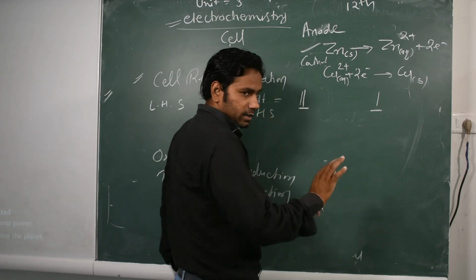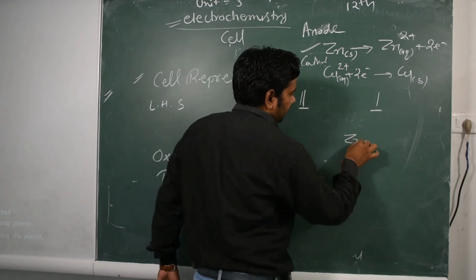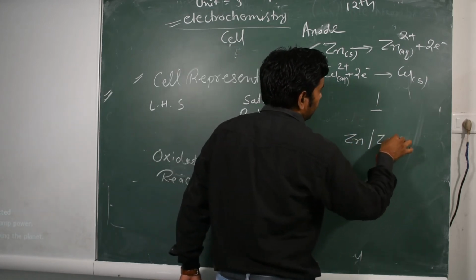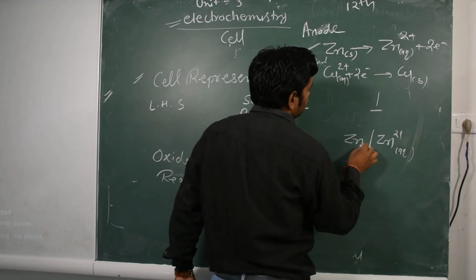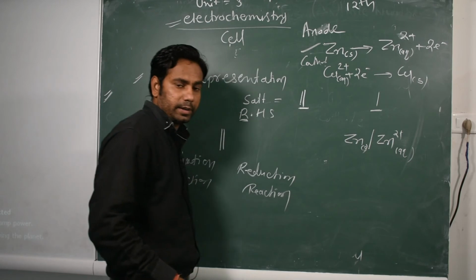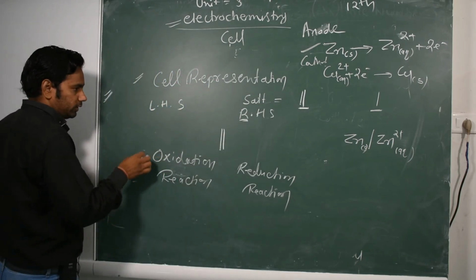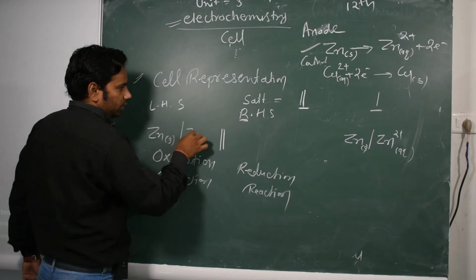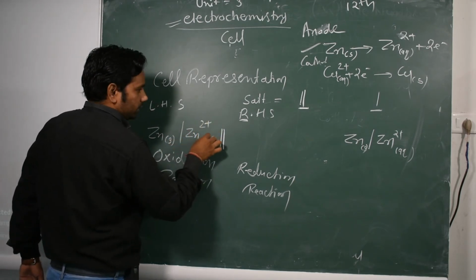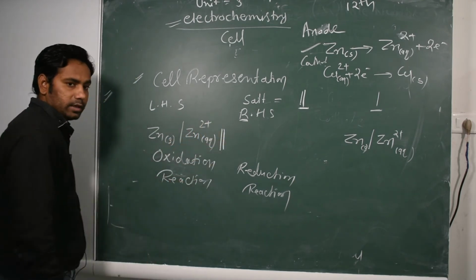Zn converts into Zn2+; we mention aq for the ion and s for the solid. So we write the oxidation as Zn(s) to Zn2+(aq). Clear?